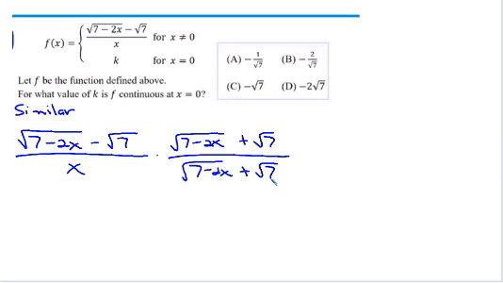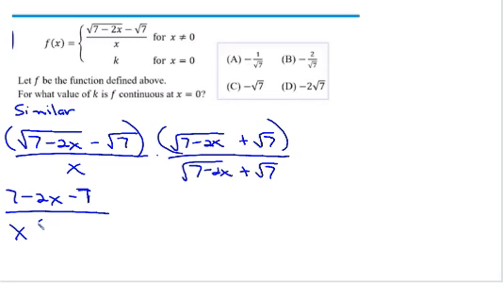What we get when I do that, of course, we've got a difference of two squares going on up here. I have 7 minus 2x minus 7 over x times this deal right here.